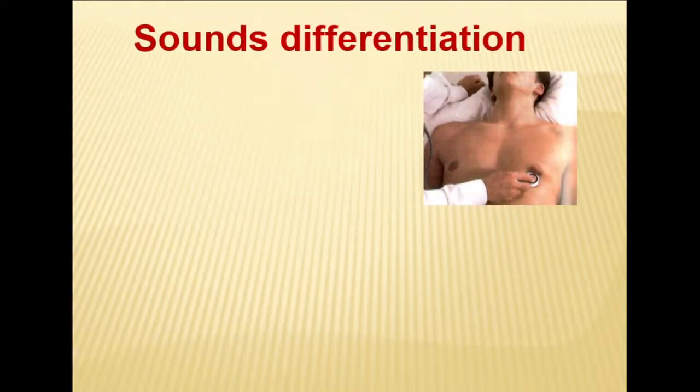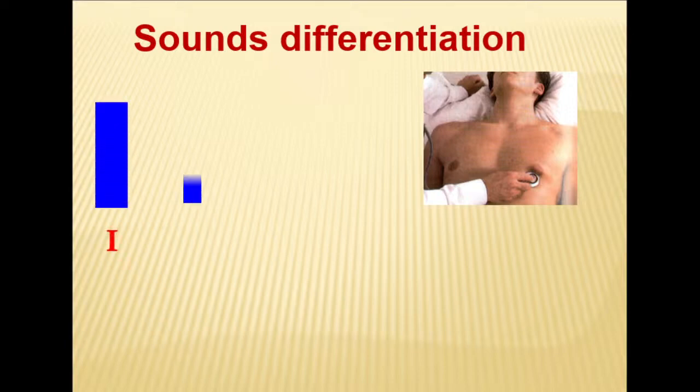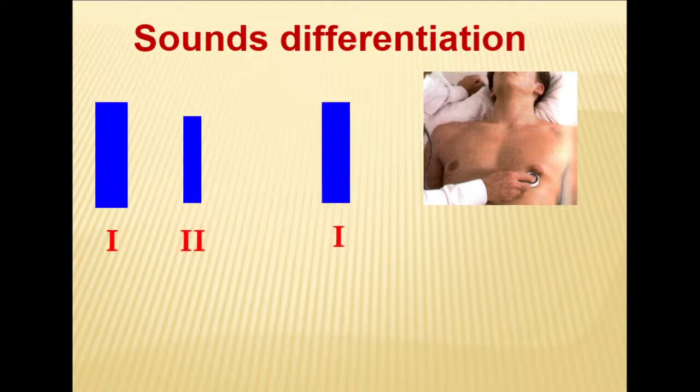Then we must decide how can you differentiate what sound is effective. You must clearly understand what sound is corresponding first or second sound. To differentiate heart sound, first of all, we'll pay attention on pauses between them.